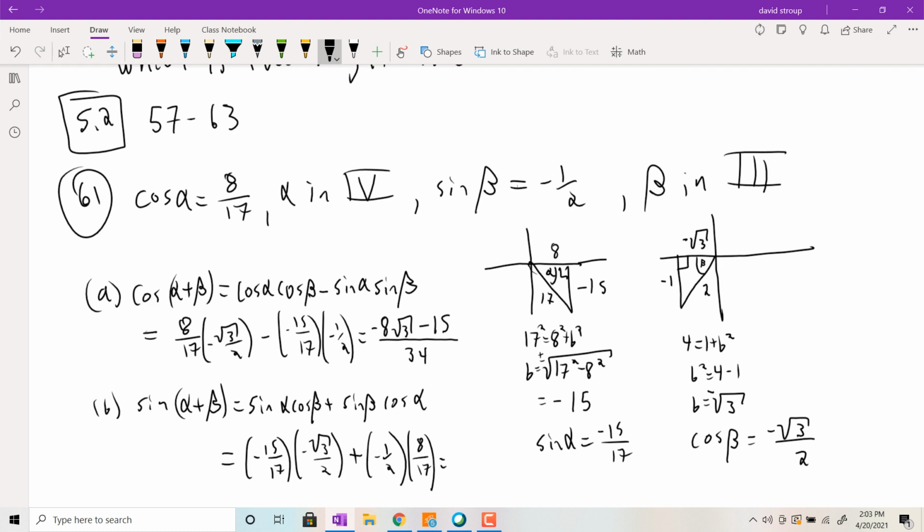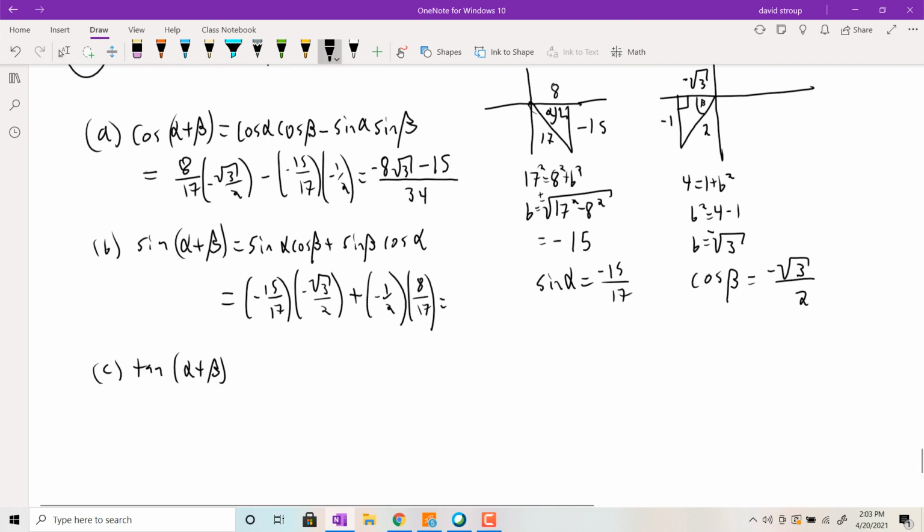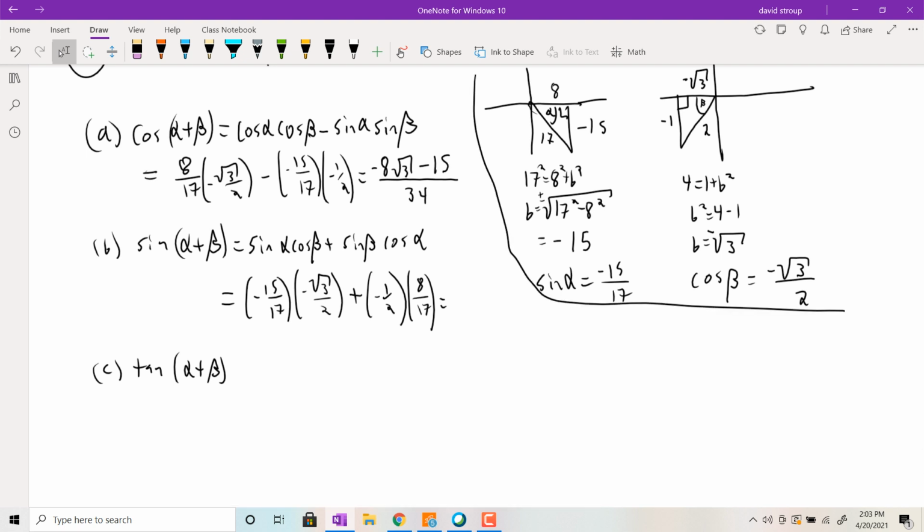So that'll be, running out of room here. That'll be, again, they have a common denominator. It'll be 15√3 minus 8 over 34.